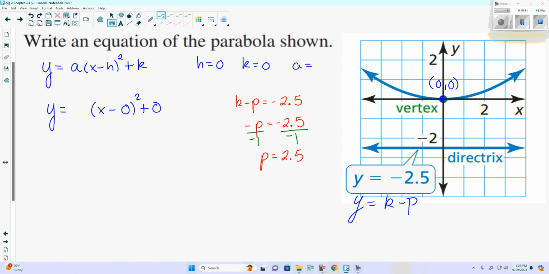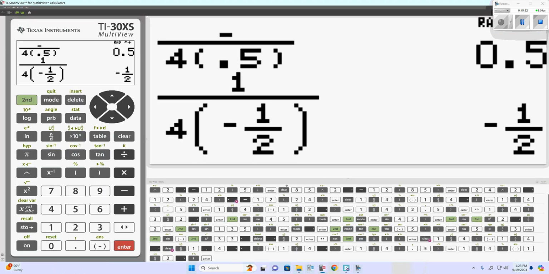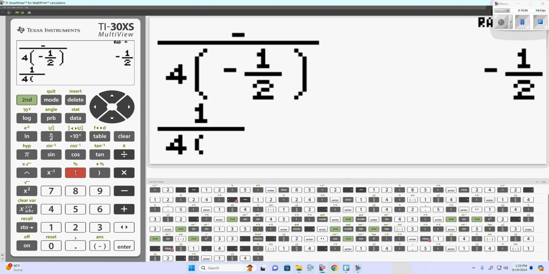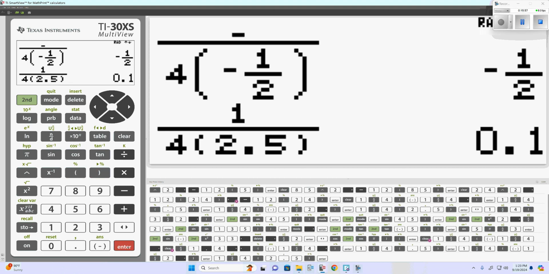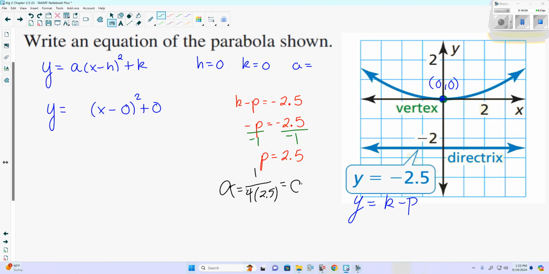To find a, we're going to do what? 1 over 4 times 2.5, which is 0.1. So our final equation is what? Y is equal to 0.1x squared.